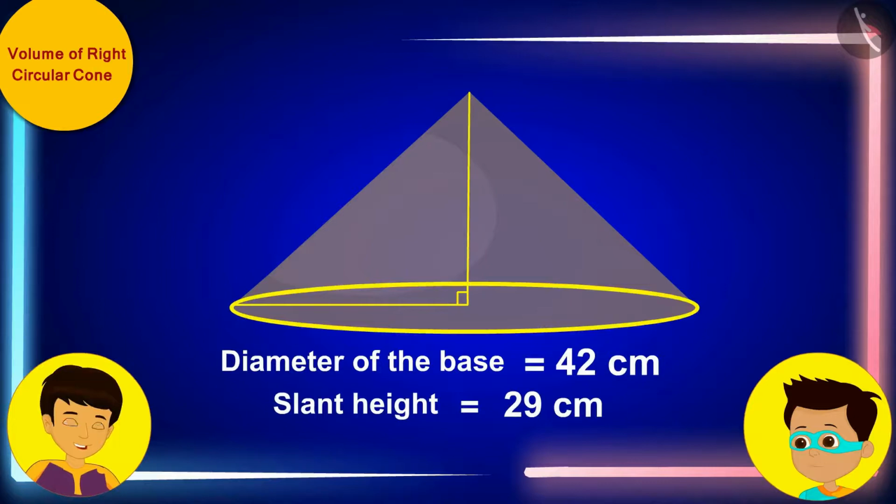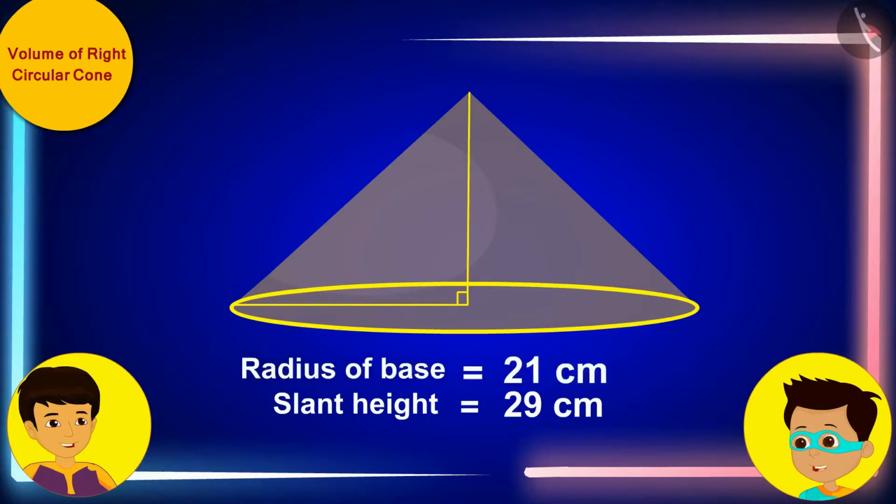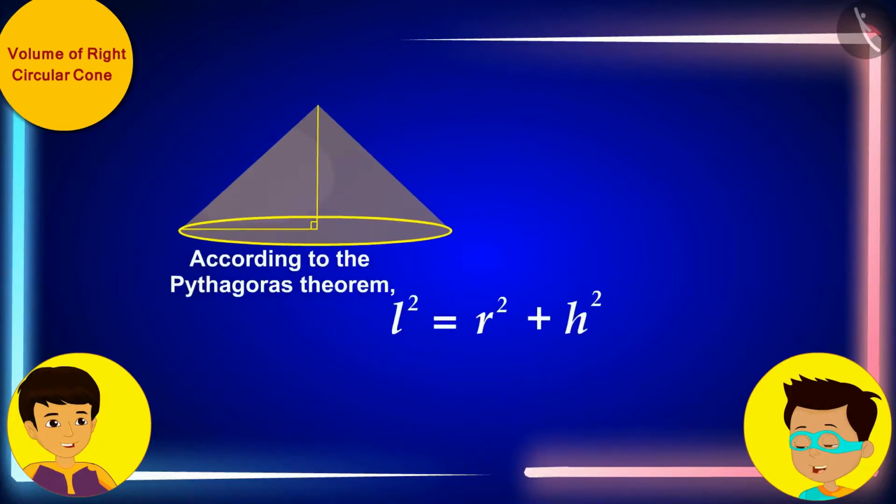Because the diameter of the base of the conical sand pile is 42 centimeters, the radius of its base will be half of 42 centimeters. That is 21 centimeters. Let us now replace L as the slant height and R as the radius respectively.